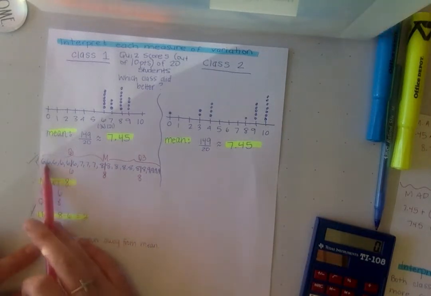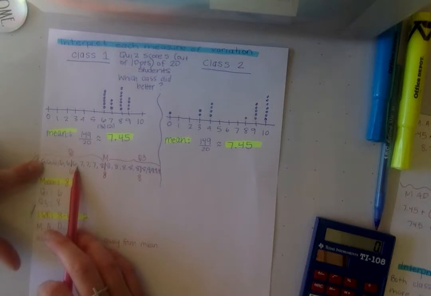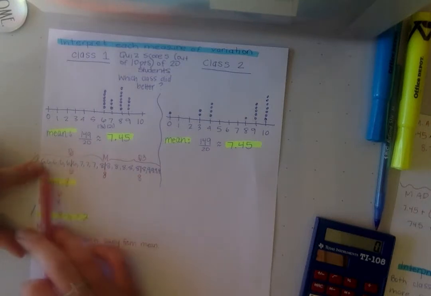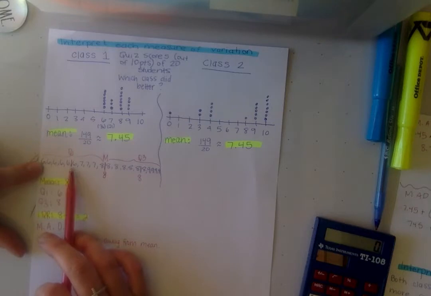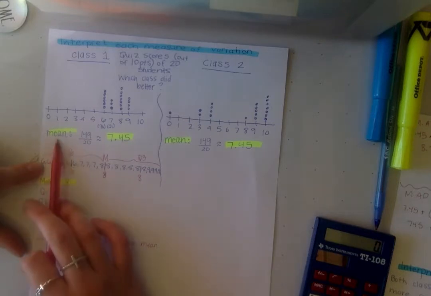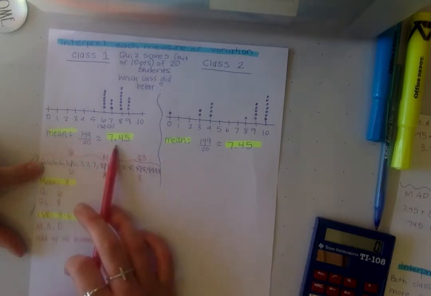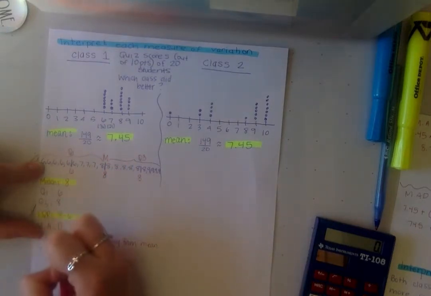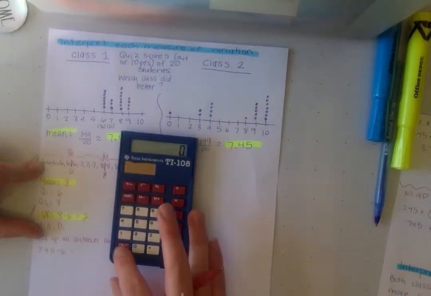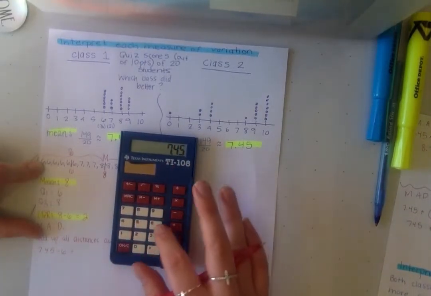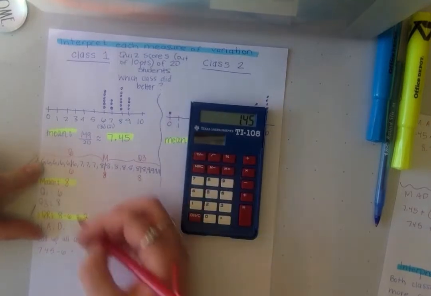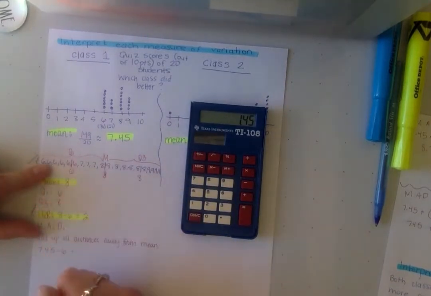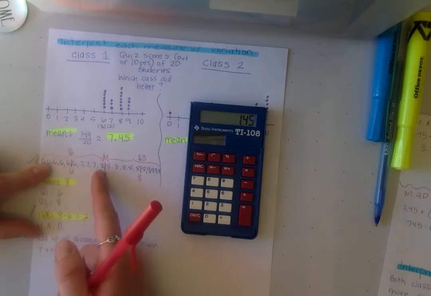So I look here, I have a bunch of 6 values, and I want to think how far away from my mean. Well, my mean is 7.45. So 7.45 minus 6, and again, you can use a calculator, equals 1.45. So each of these values is 1.45 away from my mean.